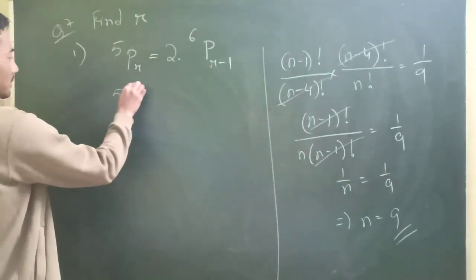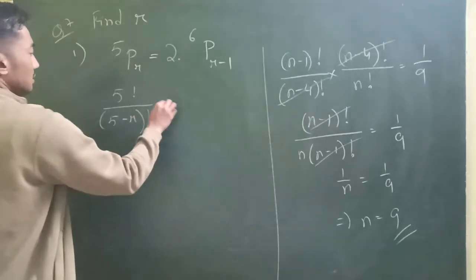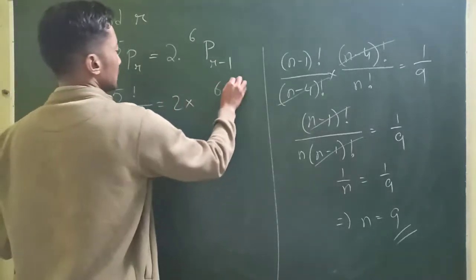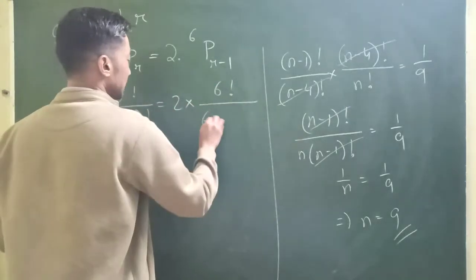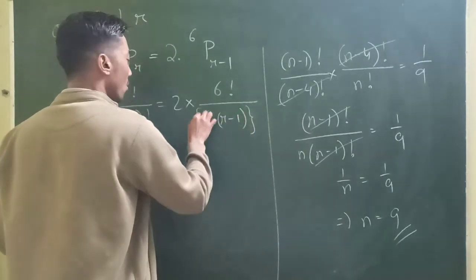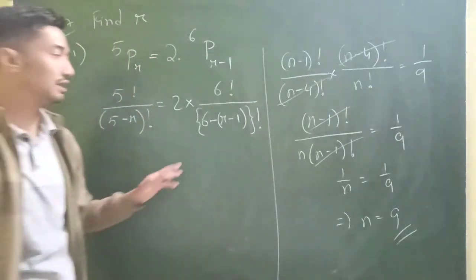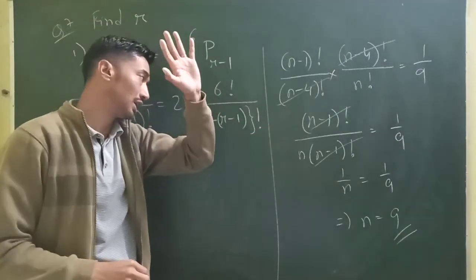Now let's expand: 5 factorial upon (5 minus r) factorial equals 2 into 6 factorial upon (6 minus (r minus 1)) whole factorial. Most of the students make the mistake here. They simply write 6 minus r minus 1.